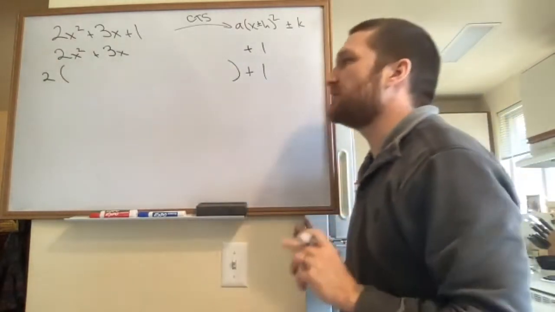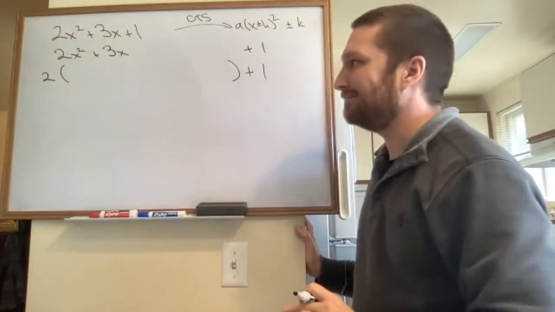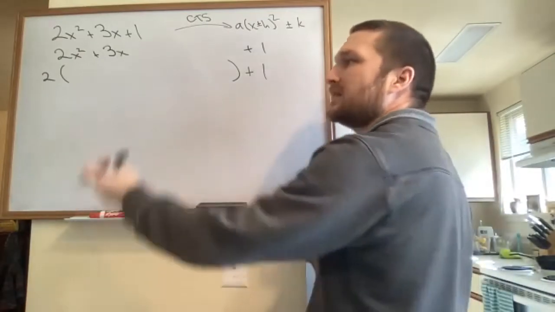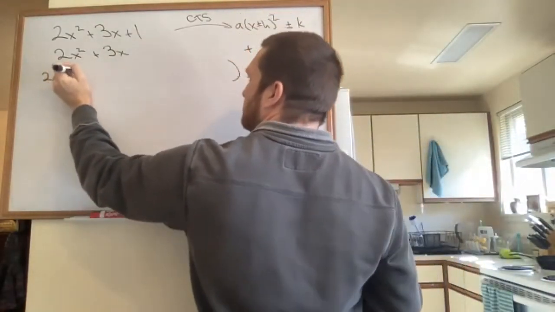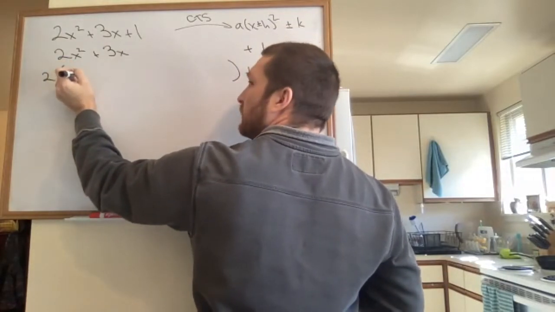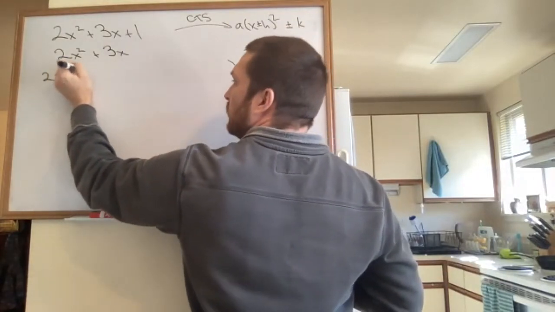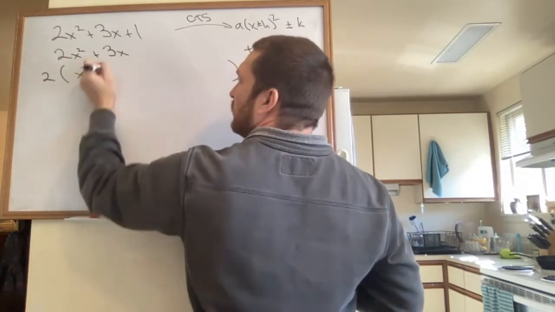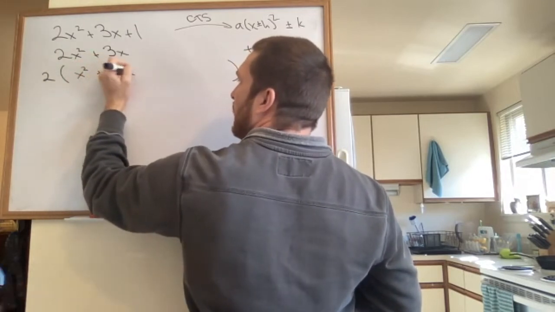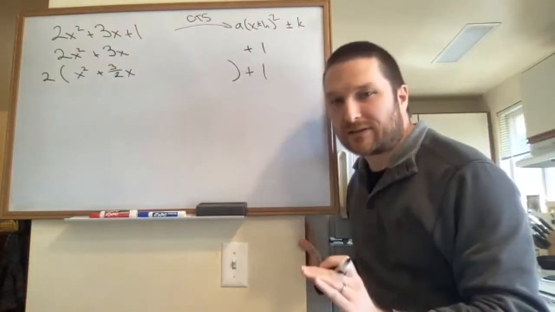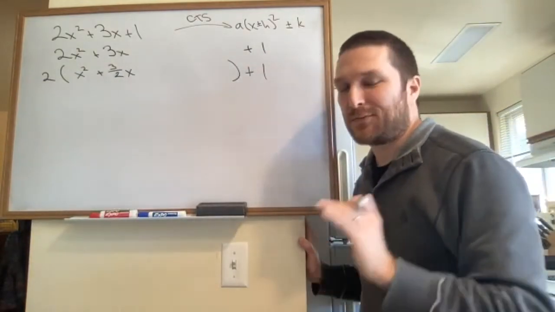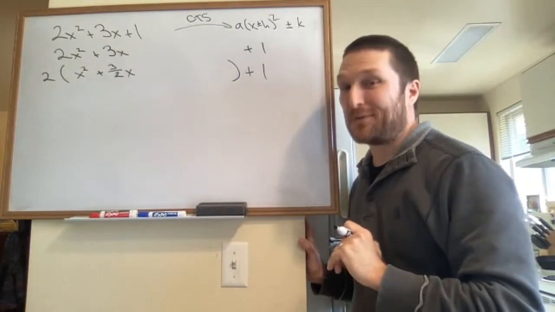I wrote my parentheses first because I'm just cool like that. That's how I like to do it. And now what's left over on the inside? x squared plus 3 over 2 x. Okay, now it's not strictly necessary to write the 0, but that's what we're doing.